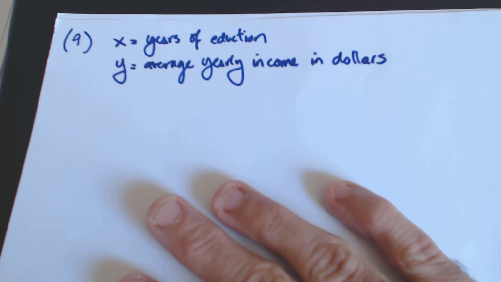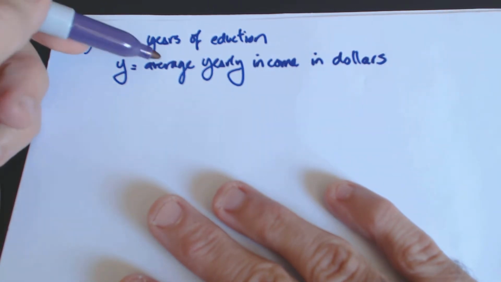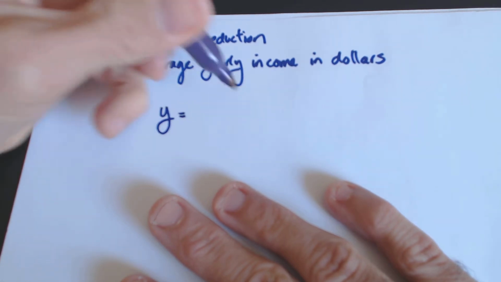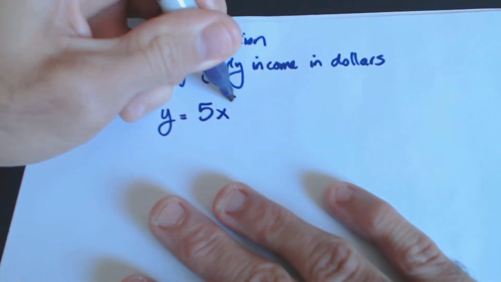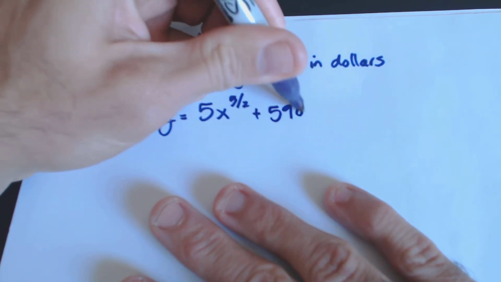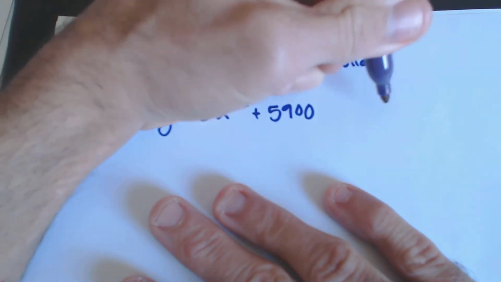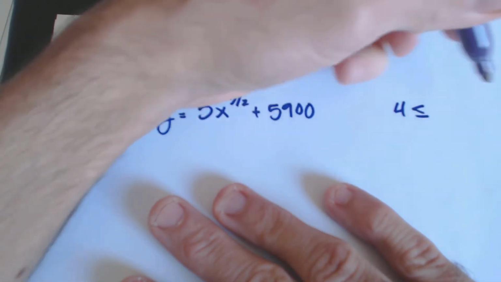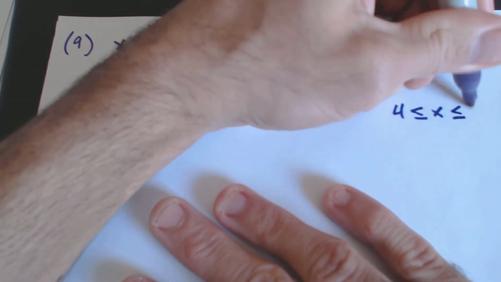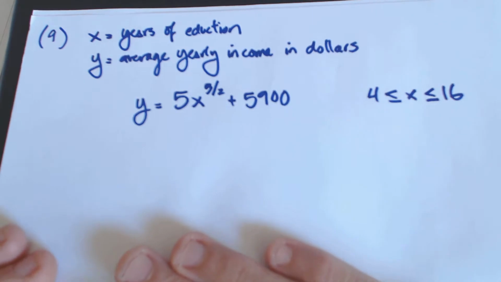And the relationship between the years of education and the yearly income is represented by the function y equals 5x raised to the 5 halves plus 5,900, where x is greater than or equal to 4 years and less than or equal to 16 years.